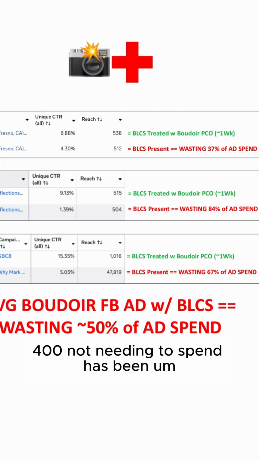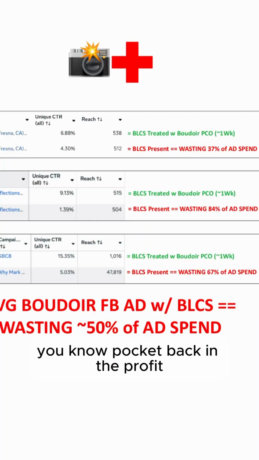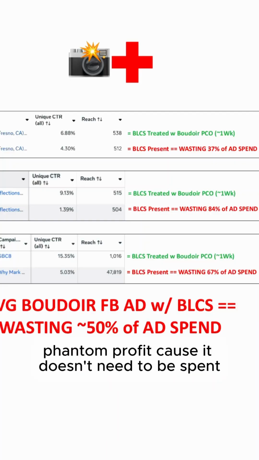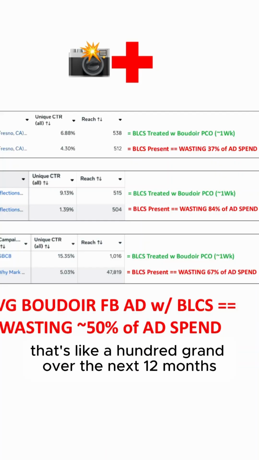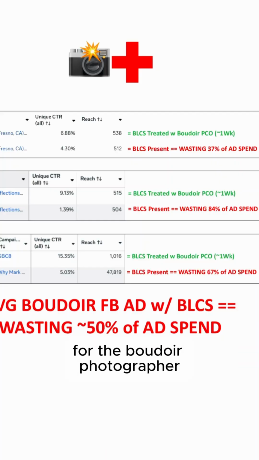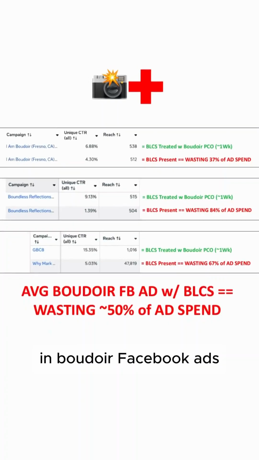So 8,400 not needing to be spent goes back into the phantom profit because it doesn't need to be spent. That's wasted spend eliminated. That's like 100 grand over the next 12 months for the boudoir photographer that's spending 10K a month in boudoir Facebook ads.